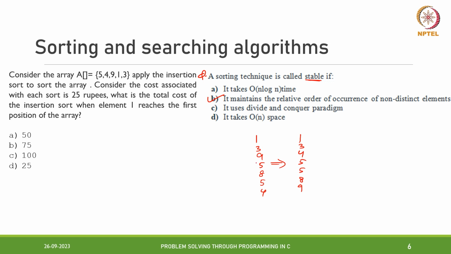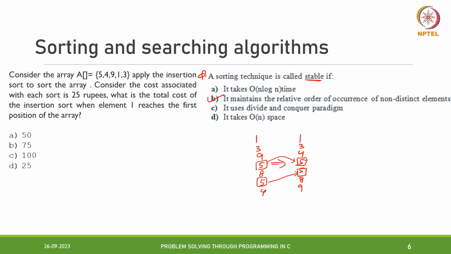But if this 5 is this 5 and this 5 is this 5, then only we can say that it's a stable sorting algorithm. That means the relative order of occurrence of non-distinct elements. Here both of these are 5s, so they are non-distinct, and the relative order of the non-distinct elements should be the same.